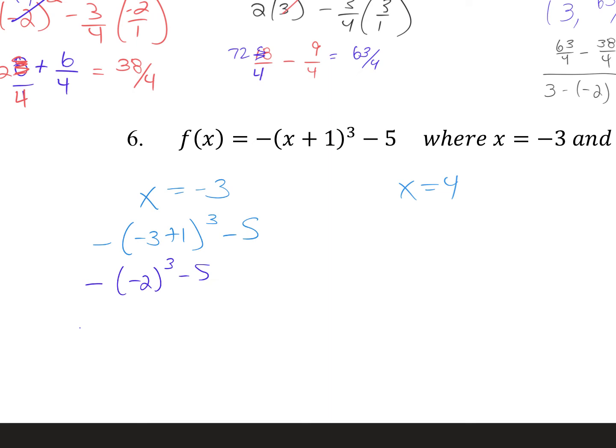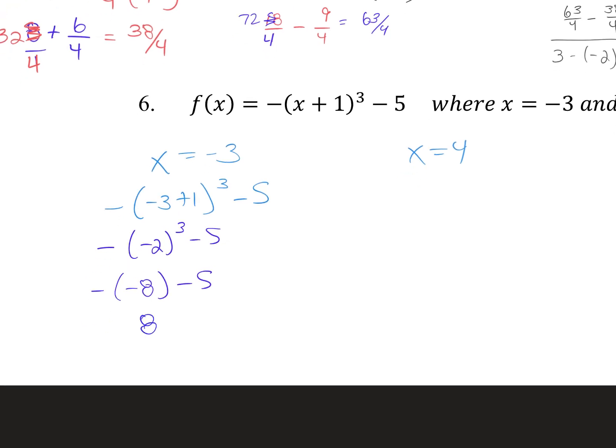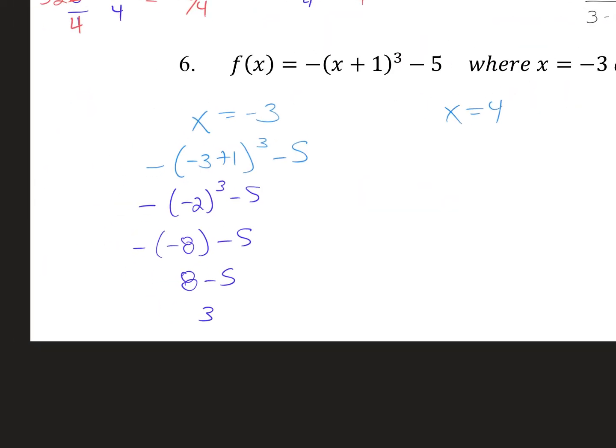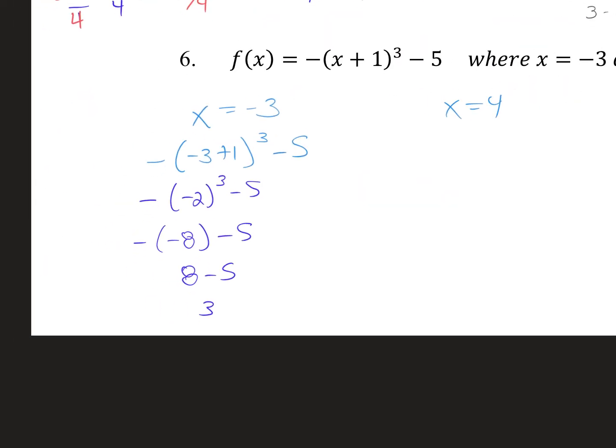Negative 2 cubed. So I have minus, negative 2 cubed is negative 8, minus 5. So minus a negative gives me a plus, so 8 minus 5 is 3. So when I plug in negative 3, I get out positive 3.